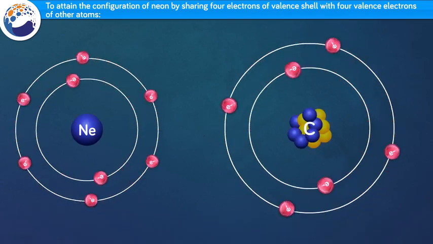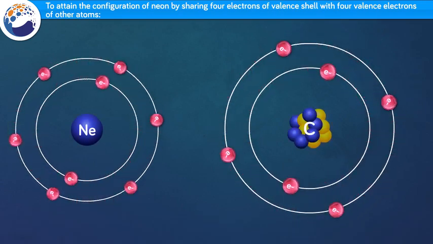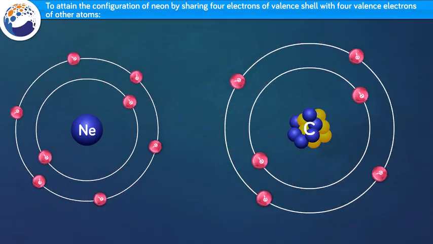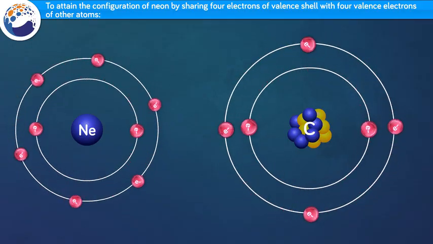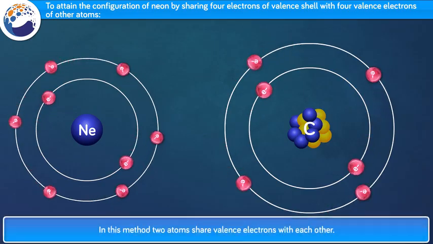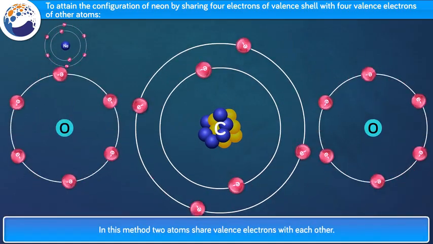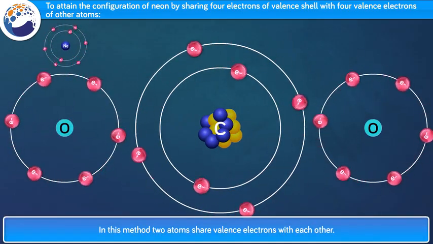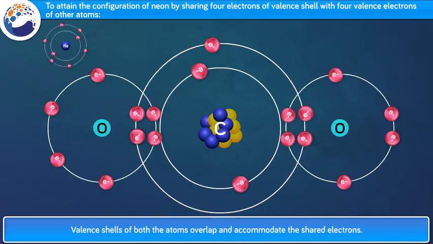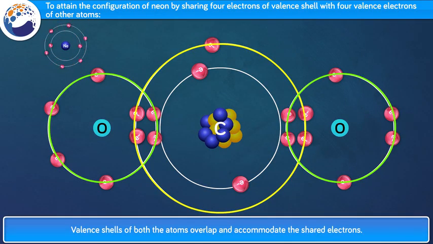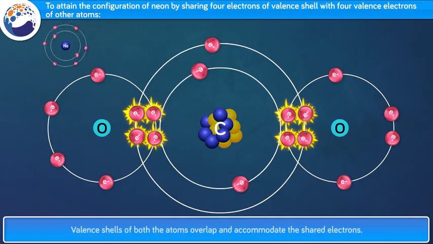To attain the configuration of neon by sharing the 4 electrons of the valence shell with 4 valence electrons of other atoms. In this method, 2 atoms share valence electrons with each other. Valence shells of both the atoms overlap and accommodate the shared electrons.